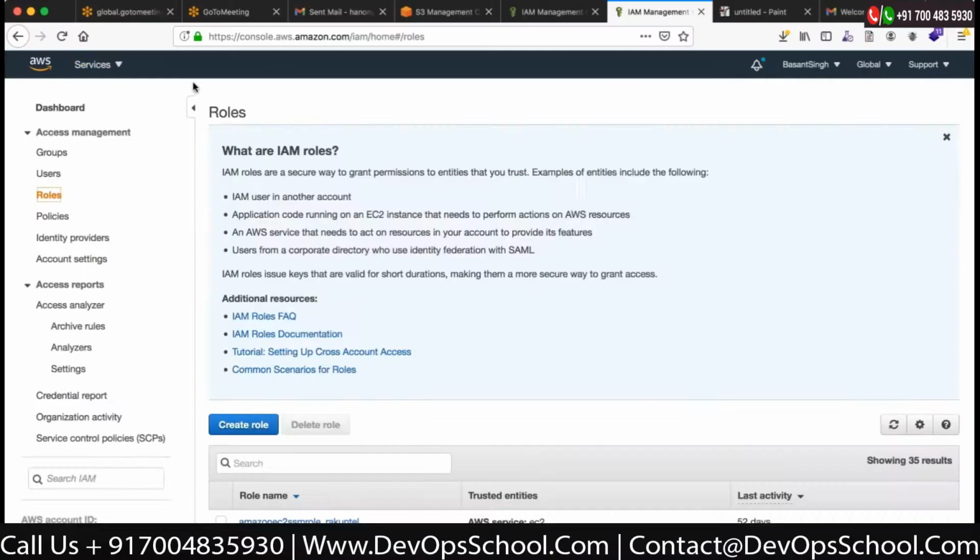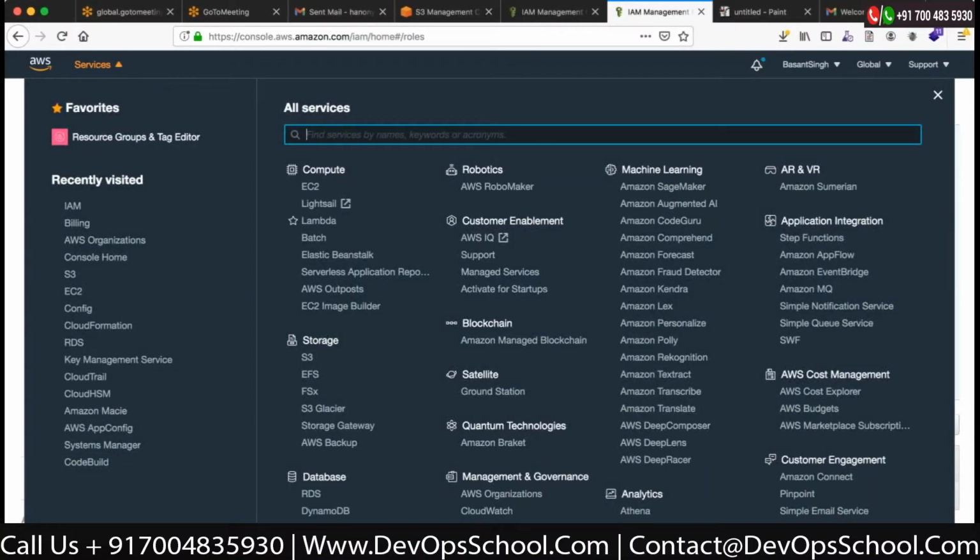You have compute like Lambda, Batch, and whatnot. You have lots of services. But to communicate with these services, you yourself create users, right? You create users and then you log in and then you use these services.